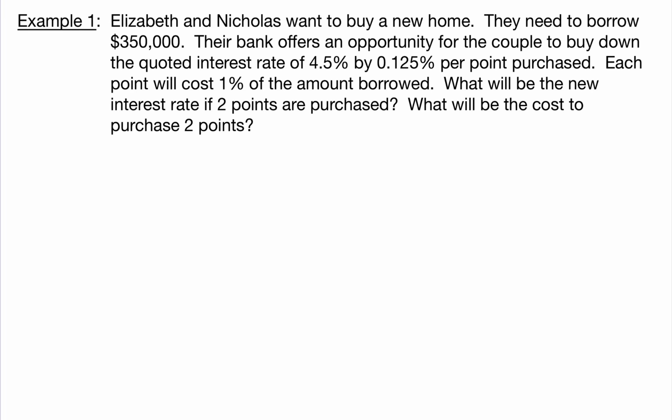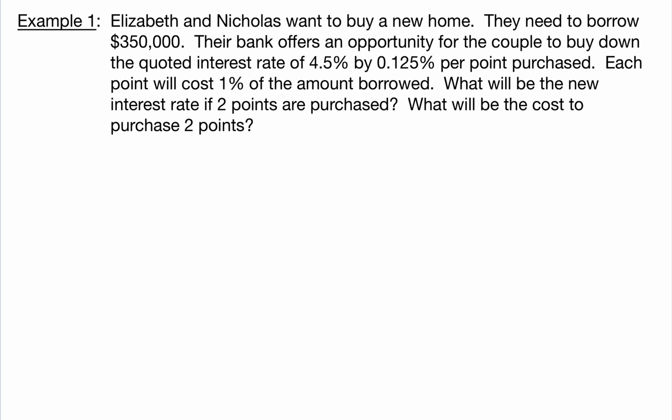Now, each point will cost 1% of the amount borrowed. And the question here is, what will be the new interest rate if 2 points are purchased, and what will be the cost to purchase 2 points?